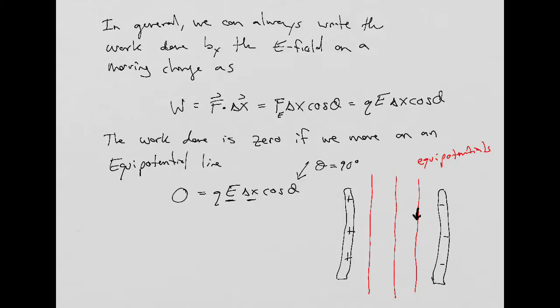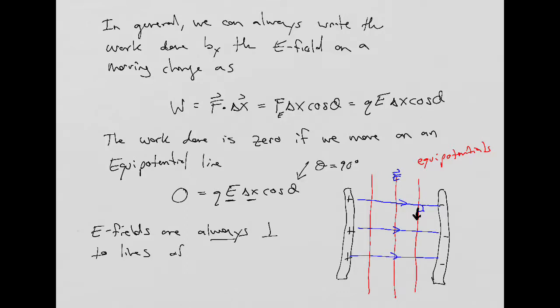We're moving along an equipotential. So this is telling us the electric field has to be perpendicular to that, 90 degrees. It's got to be something like this. So what we can take away from this is that electric fields are always perpendicular to lines of equipotential.